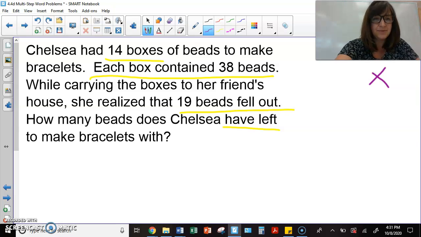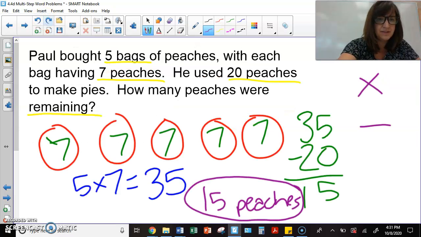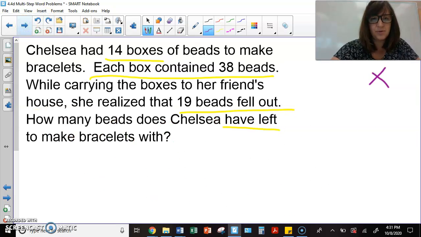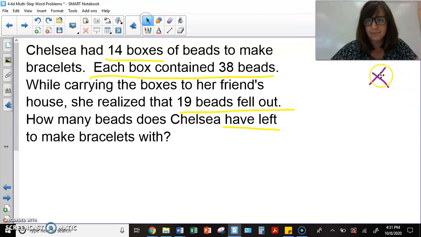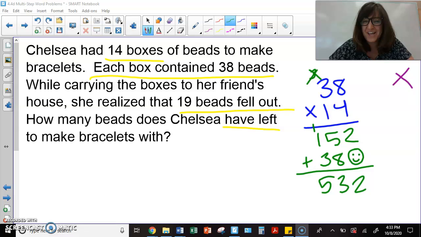Okay, so I am going to go ahead, whoops, and I am going to set that problem up and solve it. I solved it. So 38 times 14 is 532. Okay, so 532 is how many beads are in the box. It's a lot of beads, okay?